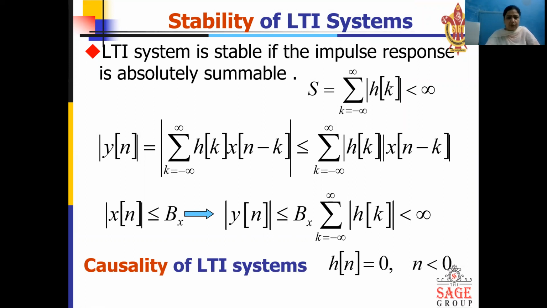So this is the required condition for stability: summation over k from minus infinity to infinity of the absolute value of h k should be less than infinity. We can also express the causality of an LTI system in terms of the unit impulse response, which is that the unit impulse response should be equal to 0 when n is less than 0.